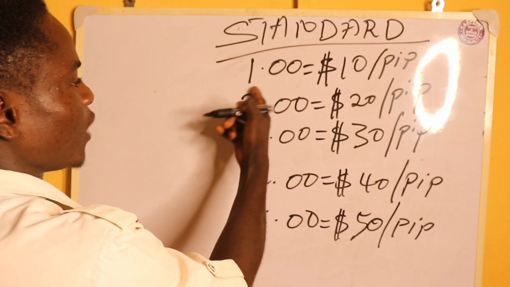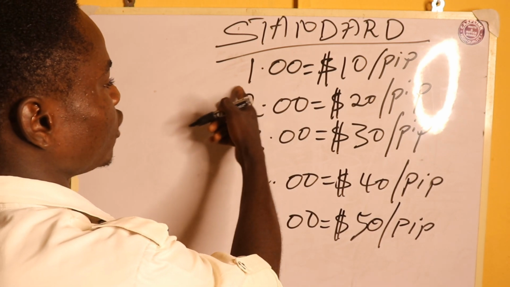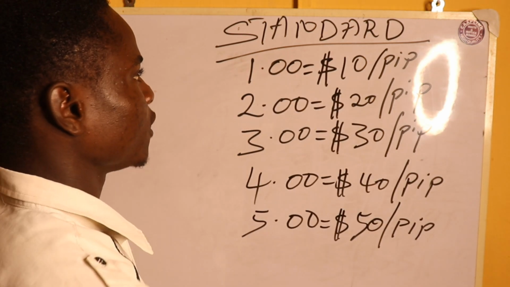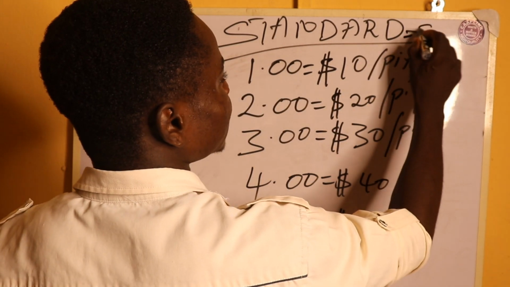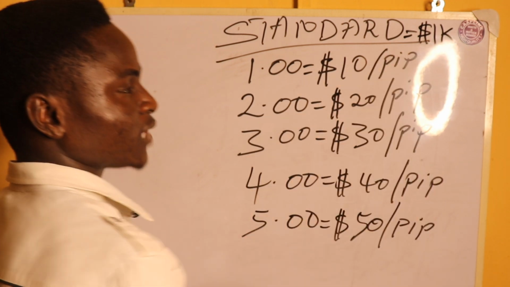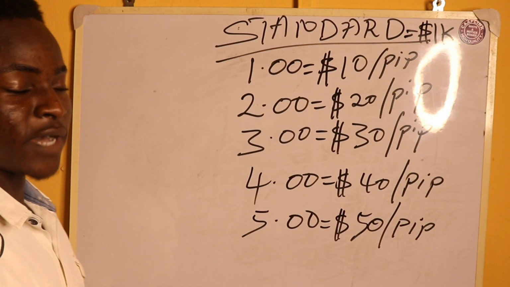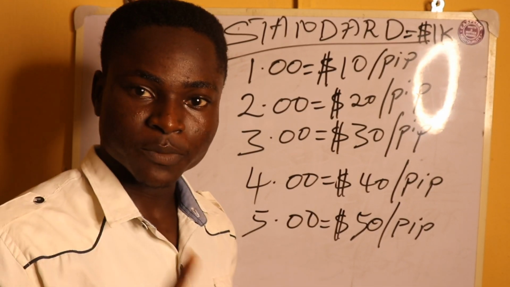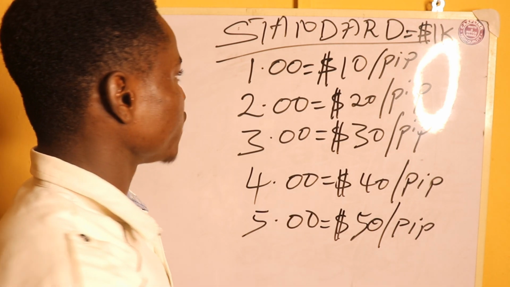So right here we have the standard lot. If you are using this standard lot size on your account, I recommend you use it on your 1K account at least. What do I mean by 1K? It is $1,000. So at least use it on your $1,000 account based on the fact that you'll be making $10 per pip if the market moves in a direction or against you, right?